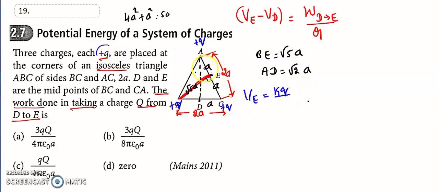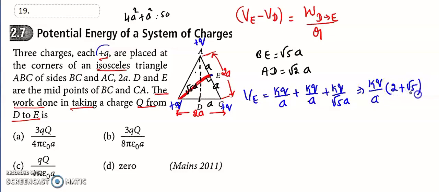So kq by a, plus kq by a, since this distance is also a, plus kq by the distance of this one, that is root 5a. So the answer is kq divided by a, common, 1 plus 1, 2 plus root 5.